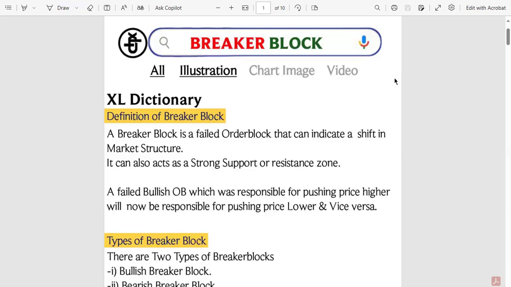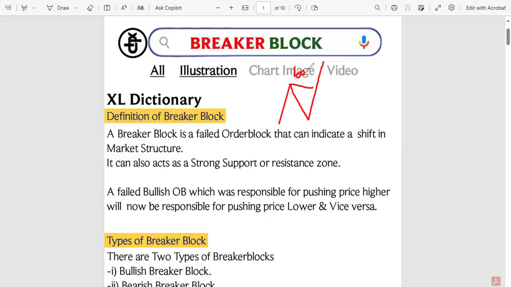I'm going to show you the illustrations on how we can mark the order block. A failed bullish order block, which was responsible for pushing price higher, will now be responsible for pushing price lower. Let's say we had a bullish order block, and price was moving higher, creating breakout structures.